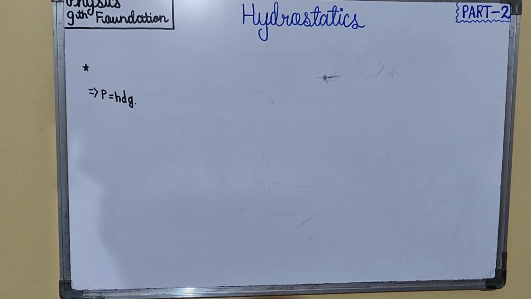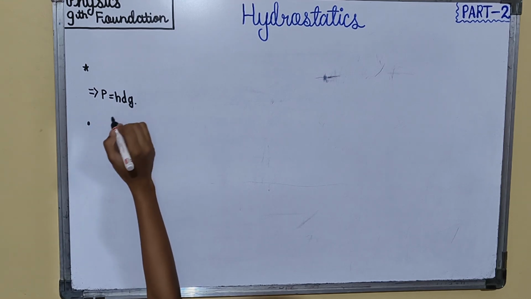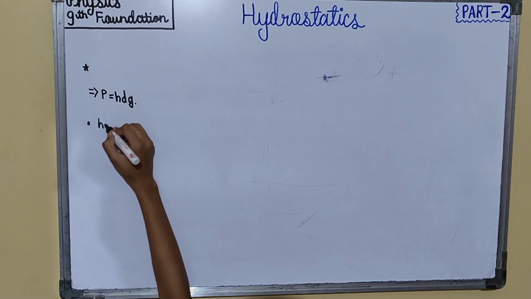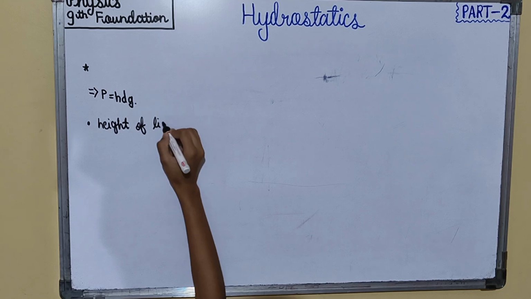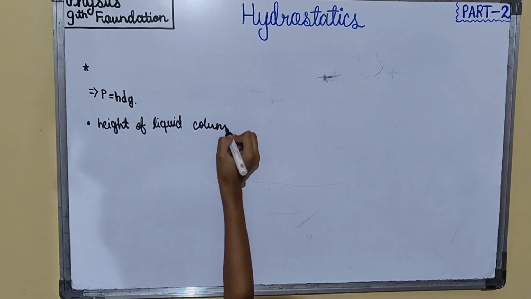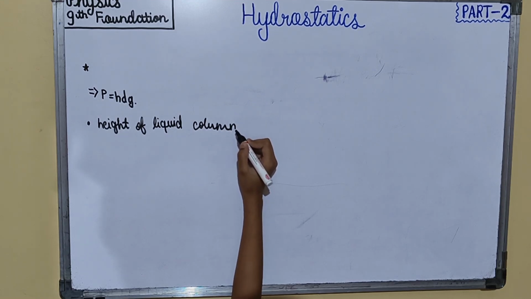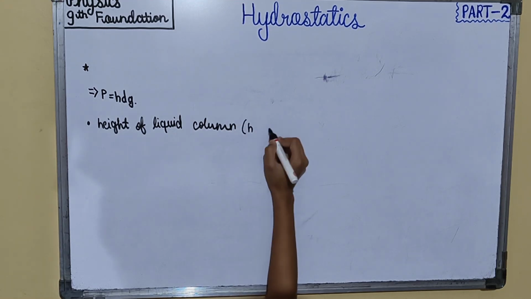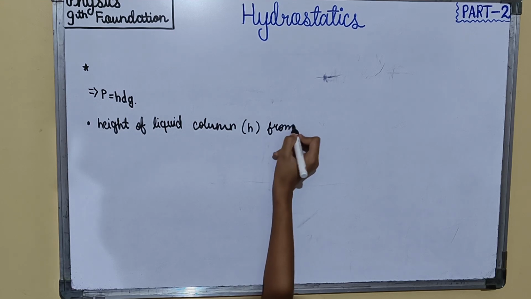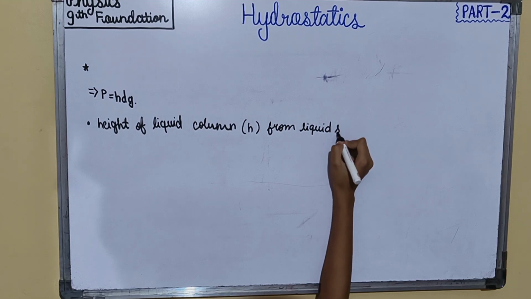Pressure at a point in a liquid depends on, first, the height of the liquid column from the liquid surface.